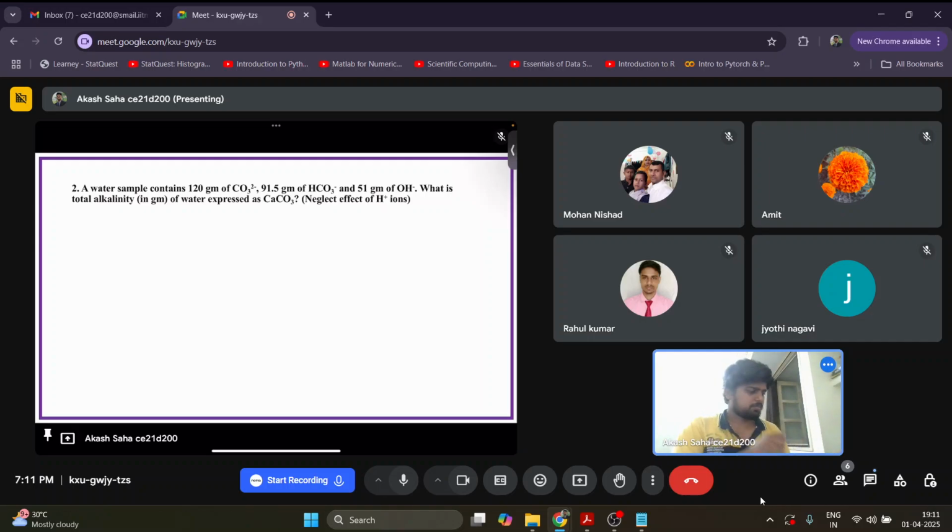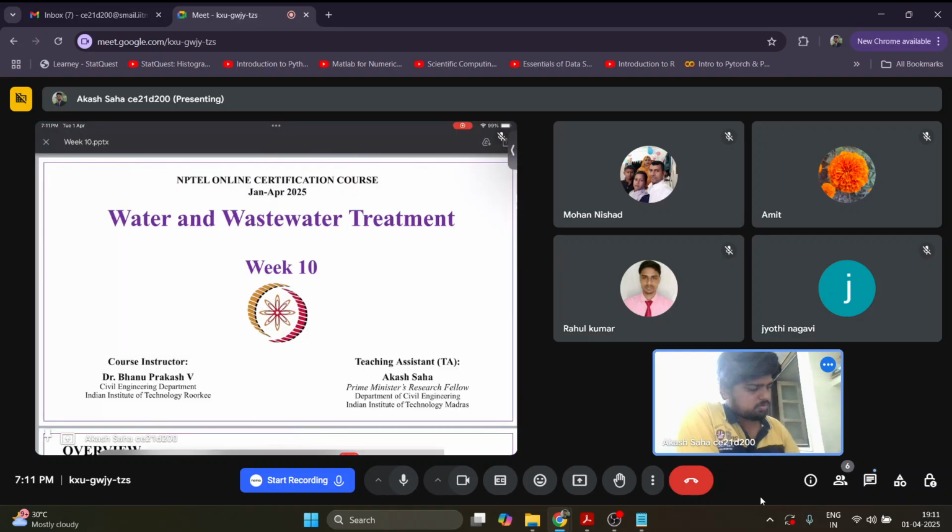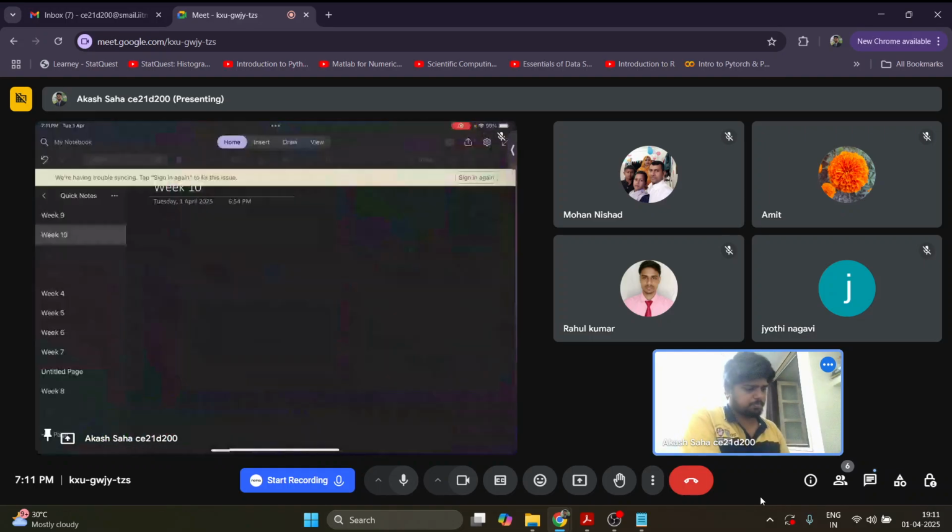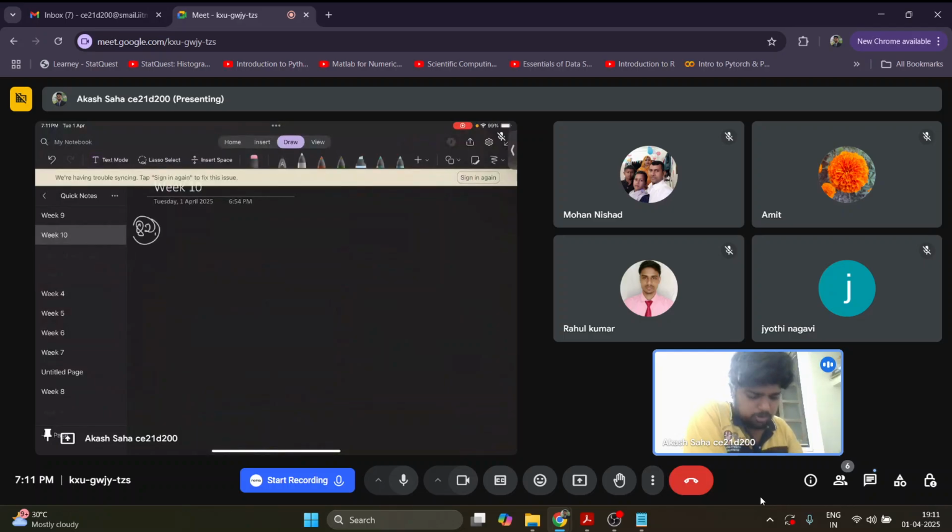Okay, so I will solve this. In this question number 2, I have first 120 grams of CO3 2 minus, that is a carbonate.